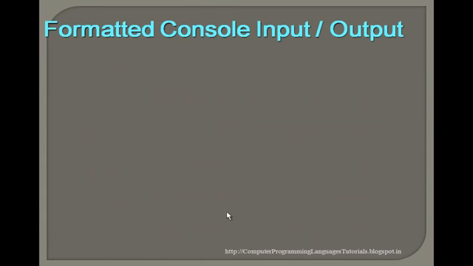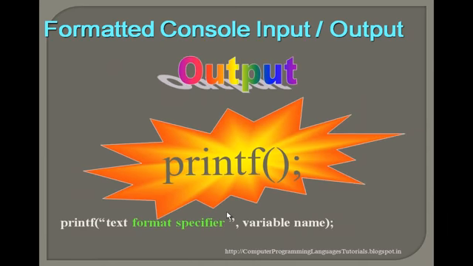Then what are the functions used for input and output? Let us see. The first function is printf. As we know, it is a library function or predefined function. Therefore, you have to follow the syntax of this function for programming. Here is the syntax: printf, open round bracket, double quote, your text, then format specifier.